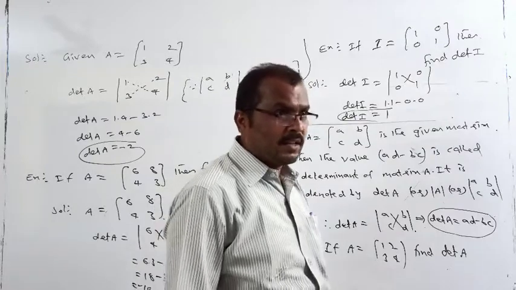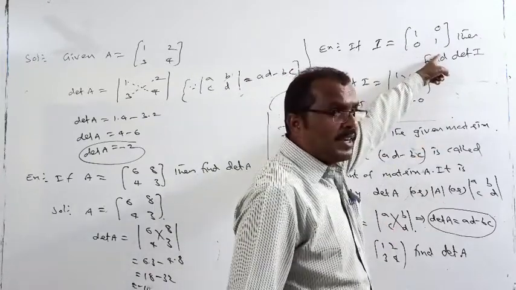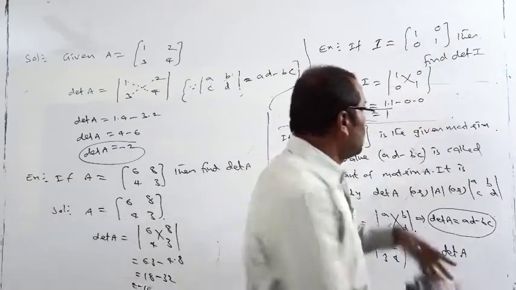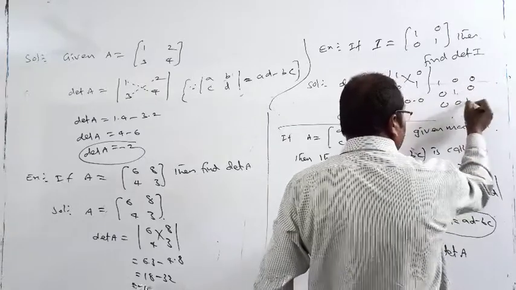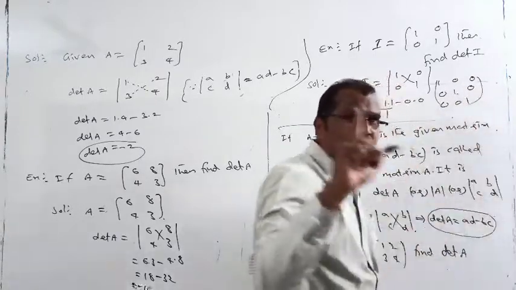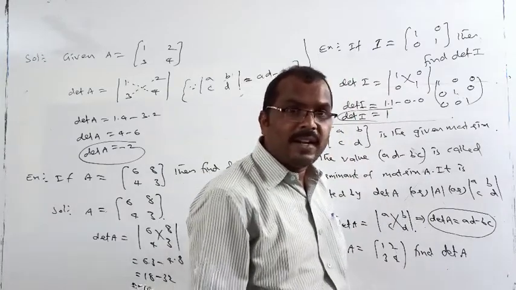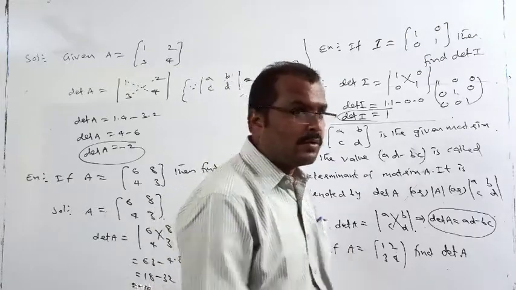For any order. Here it is a 2 cross 2 matrix, 2 rows and 2 columns. If I take like this, 1, 0, 0, 0, 1, 0, 0, 0, 1, its determinant is also 1. So give one statement: the determinant of an identity matrix is always 1 for any order. So make a note.